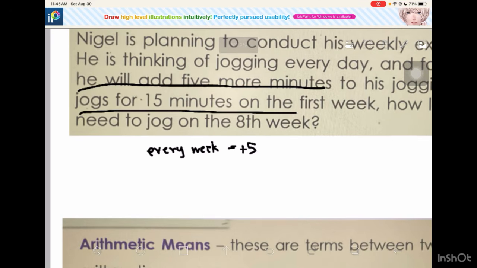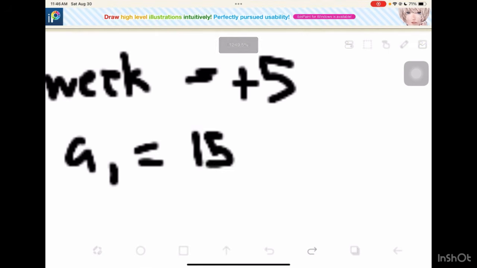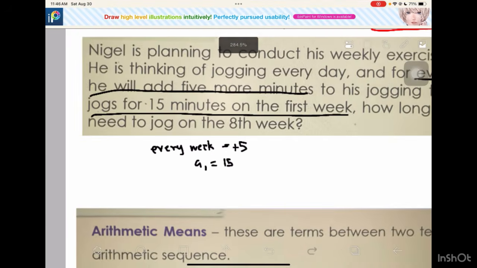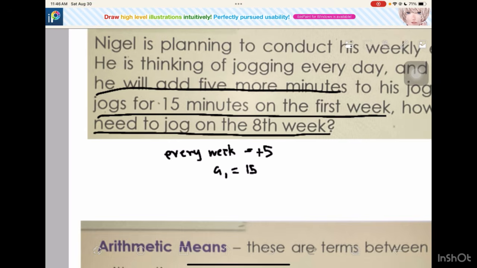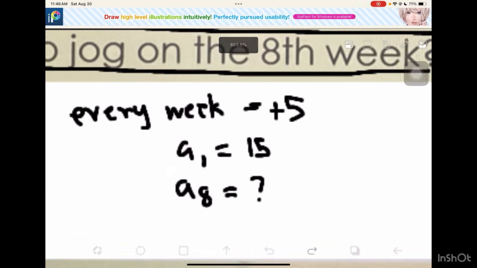So this 15 minutes for the first week is our a sub 1. That's equal to 15. Then we need to find how many minutes he'll need to jog on the 8th week. So we want a sub 8. And this every week is actually equal to your d.